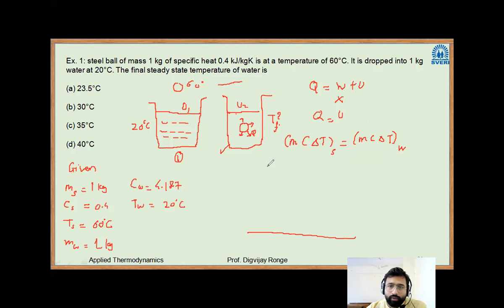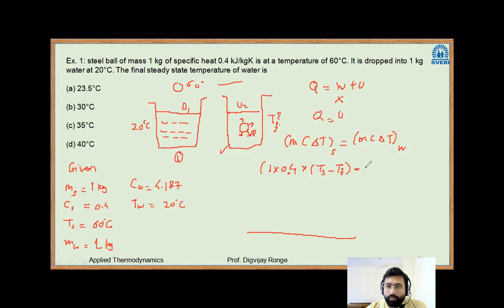Now here I will write down the equations. See here, mass is 1, C is 0.4 for the steel ball, into delta T, meaning initial temperature minus final temperature. Initially it was Ts minus Tf. Change in temperature.